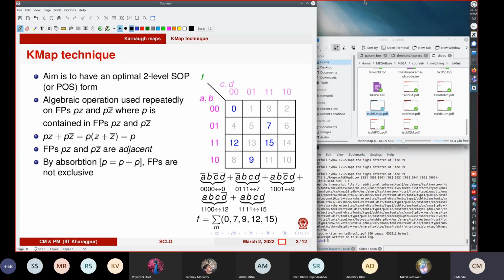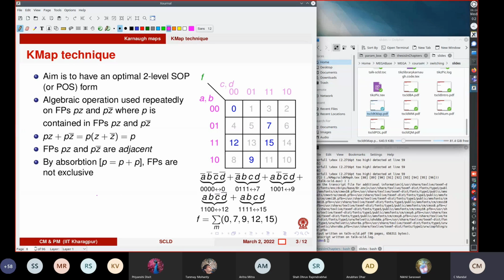I think the first step is to really understand the diagram. This one is slightly bigger, so let me draw a much smaller Karnaugh map.